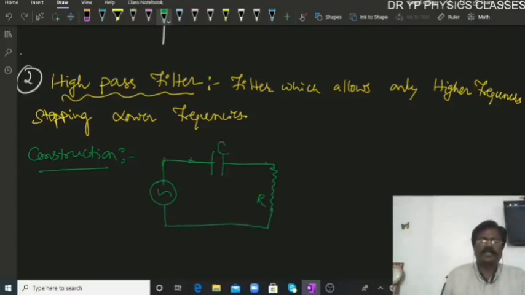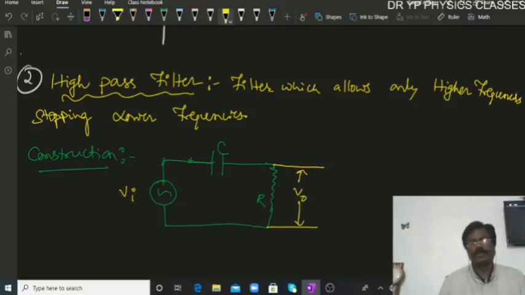R is the resistor, C is the capacitor, and I am going to take the output voltage across the R. This is the input voltage.